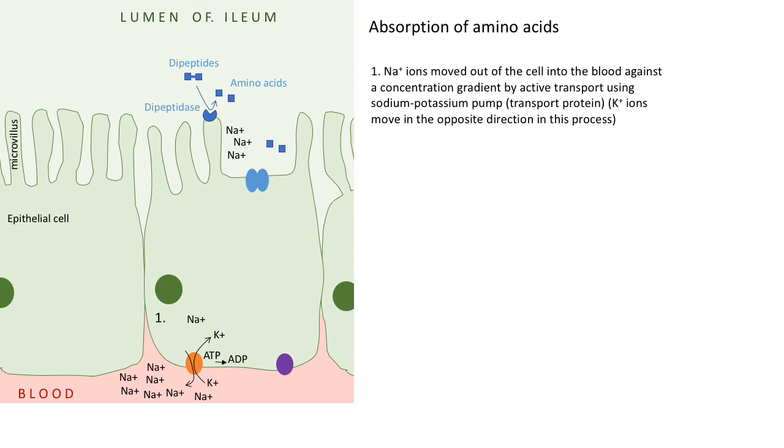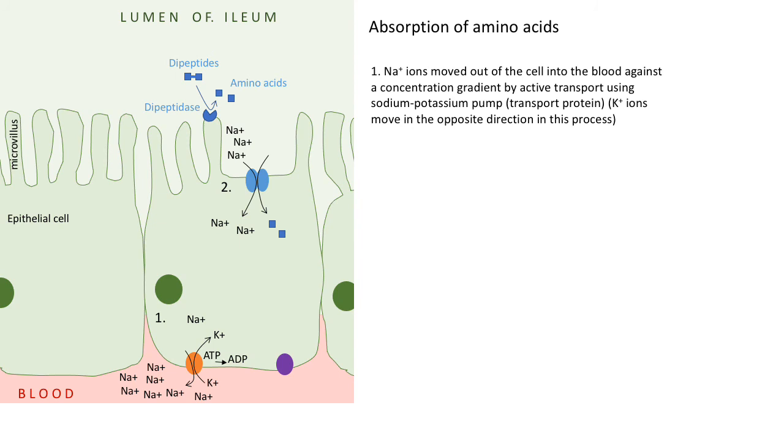So now sodium ions from the lumen of the ileum can diffuse down their concentration gradient through a co-transport protein. This is step 2. And that allows amino acids to move in against their concentration gradient, along with sodium ions in this sodium amino acid co-transporter.